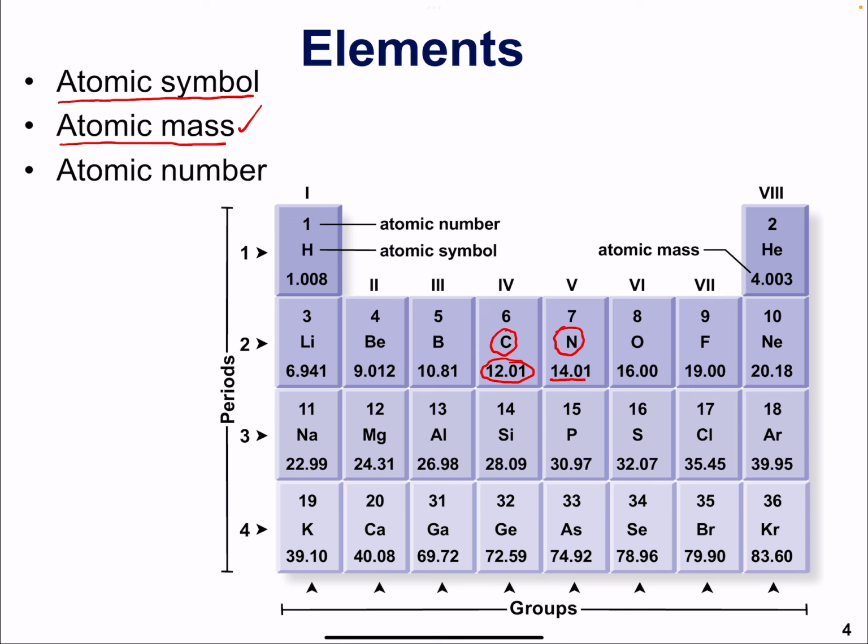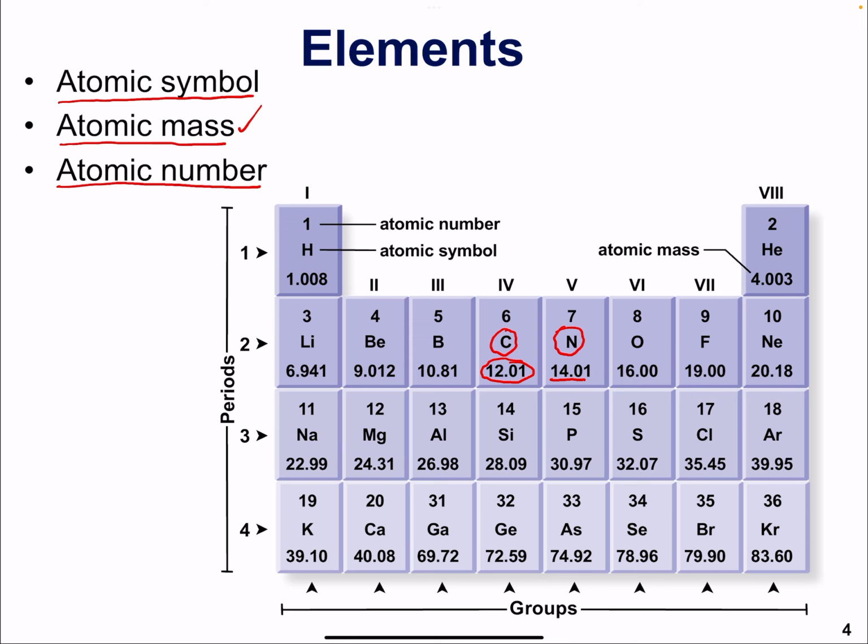Then, last but not least, you have the atomic number. The atomic number is the number of a particular type of subatomic particle that we call protons. We are going to see this in a minute.